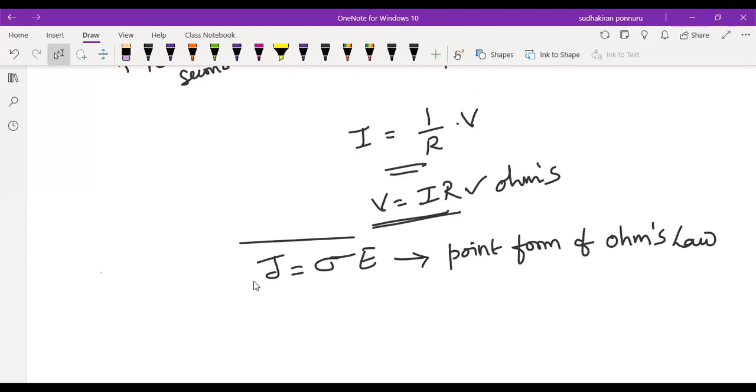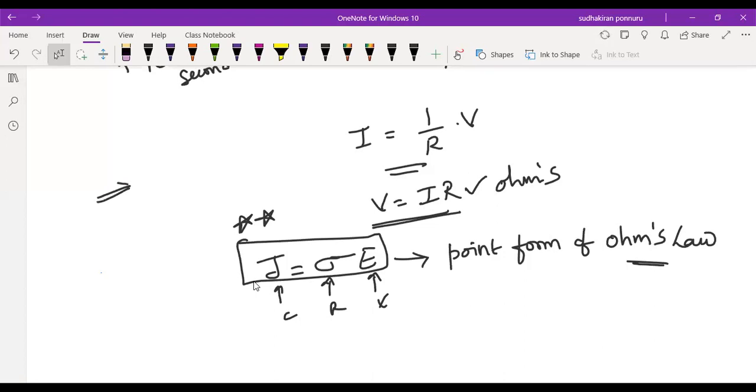That is why I told you this expression is very important for us. J is related to current, sigma is related to resistance, and E is related to V, which is in the form of Ohm's law. So J is equal to sigma into E, we are going to call it the point form of Ohm's law. In your examination, they will ask: obtain the equation for Ohm's law in point form.